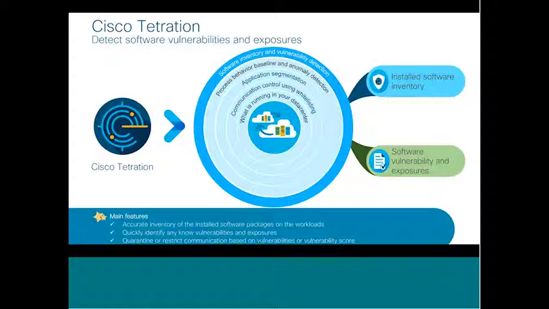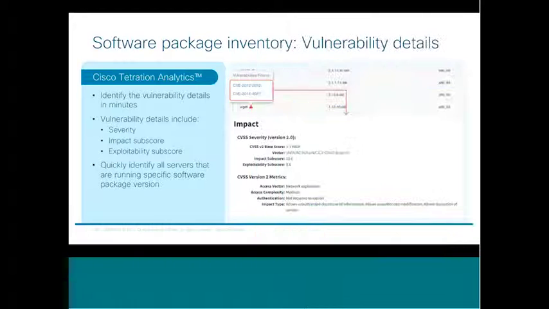So anything more than 8, basically, customers have to think about patching it as soon as they get a fix for it. So the vulnerability score will also be shown in the Tetration UI. We will see all that in the demo, and customers can take action based on that.